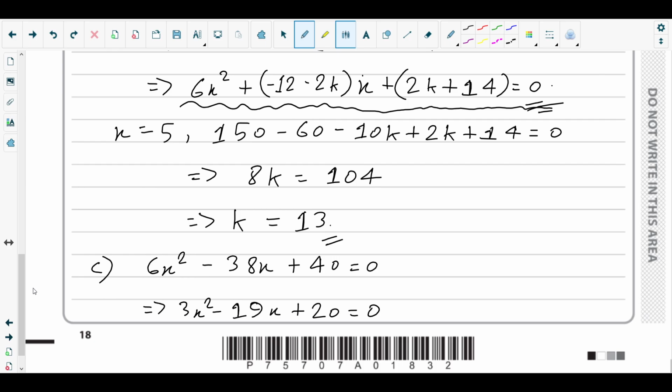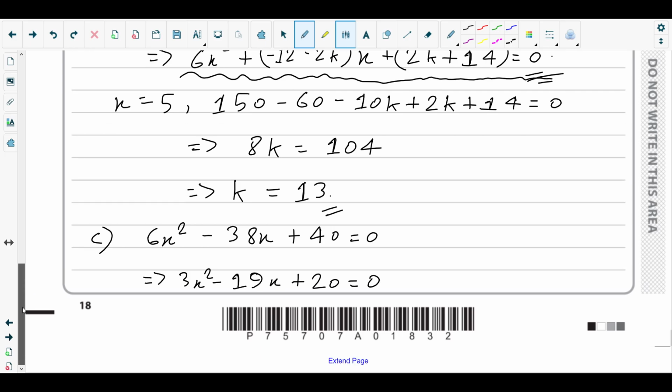Okay, now what we need? We need the solution to this equation, right? So how can you solve that equation? 3 times 20, that is 60. So 60 can be 15 times 4. Yeah, 15 times 4 is what? 60. So we got the what?